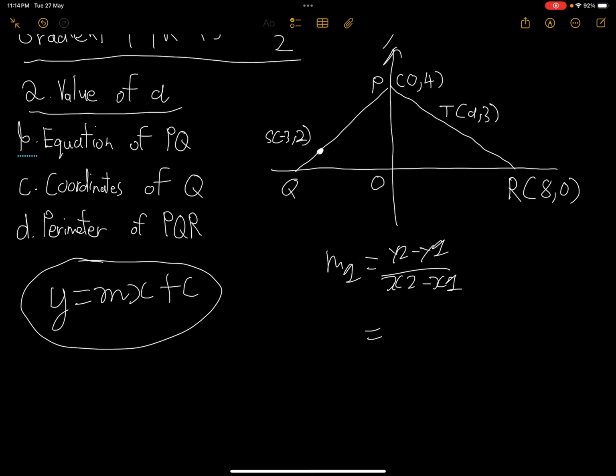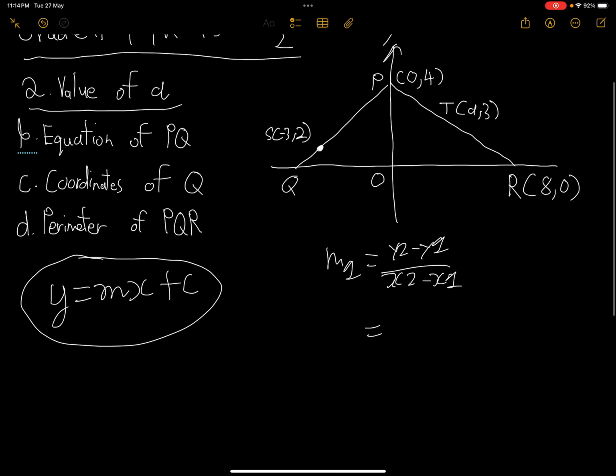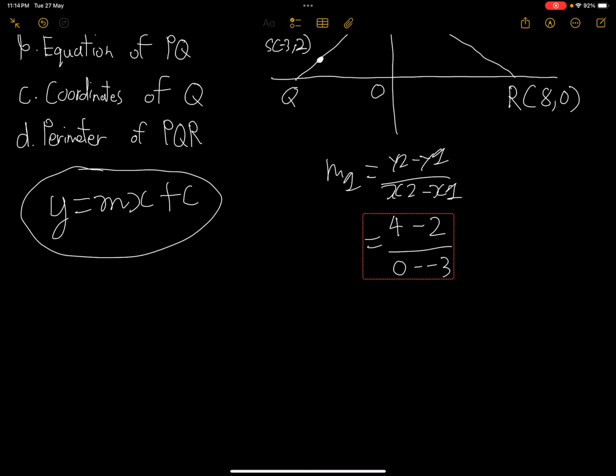So let y2 x2 be the P coordinate, and that will be 4 minus the 2 of the S coordinate, and 0 minus 3 of the S coordinate. As you can see right here, the S has a negative 3. 4 minus 2 over 0 minus 3. That gives us 2 over 3, because minus next to each other means that they turn into a plus, right?